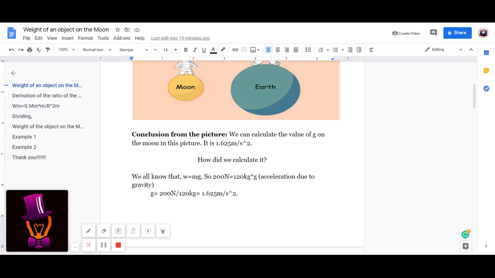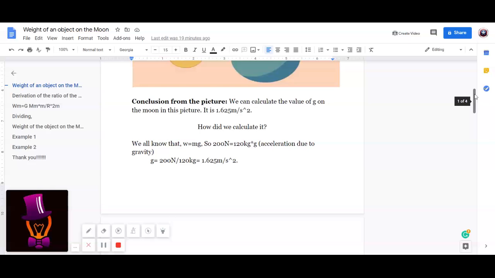So to find g, if we transpose the terms, it becomes g equal to W by m. Therefore, it will be 200 Newton by 120 kg, which is 1.625 meter per second square. That is the value of g on the moon. You can notice that it's just 1/6 of that of the Earth, which is 9.8 meter per second square.